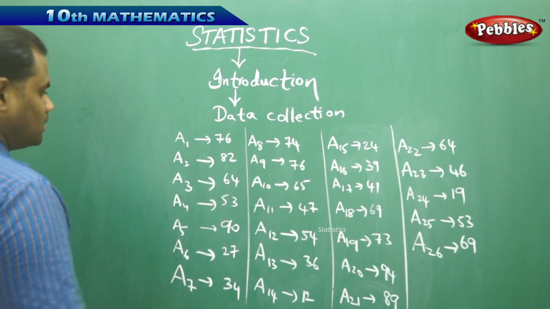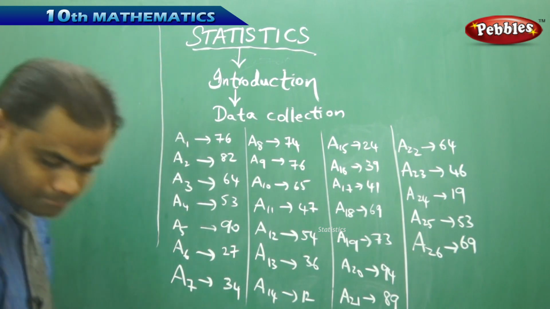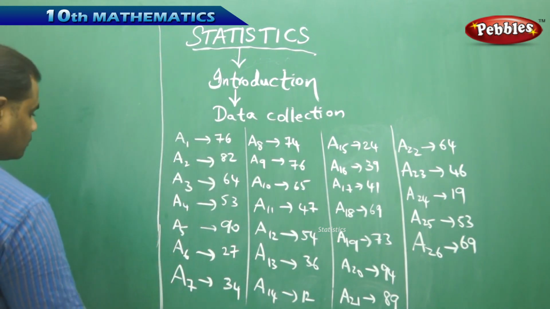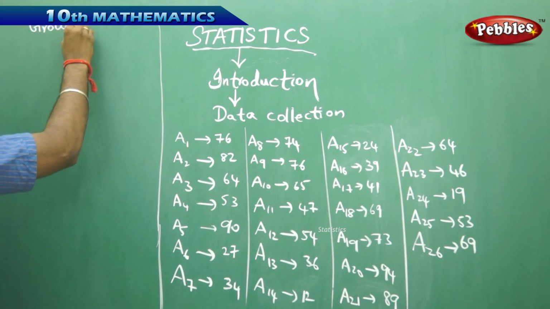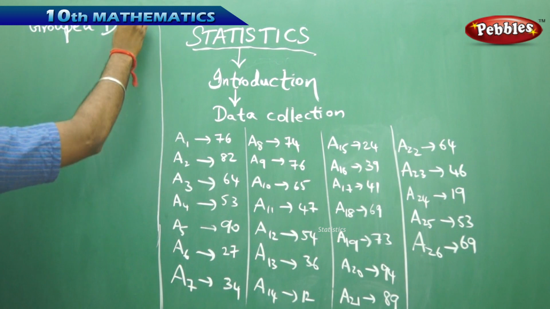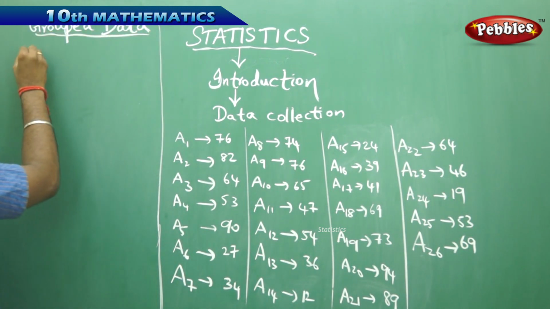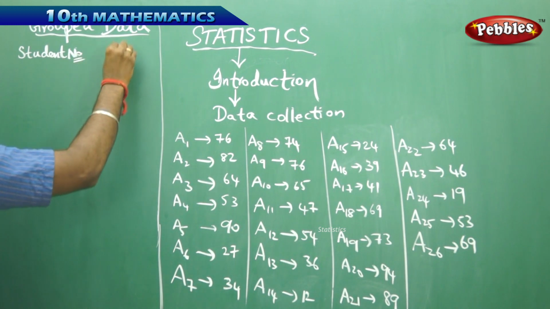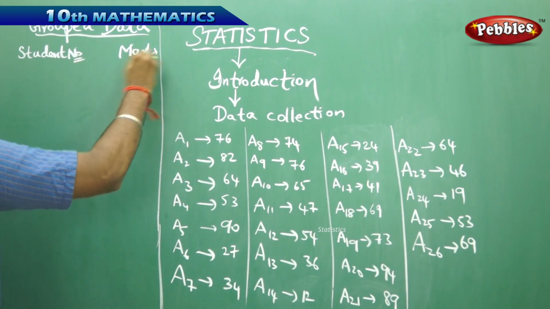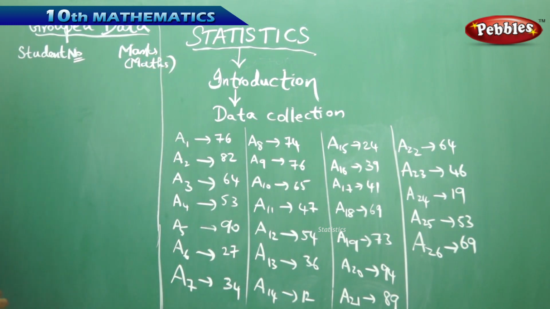Now say for example, I want to use these 26 students in the form of a table, a tabular form of arranging this into a grouped data. So for a group data, I take student number here, and marks in mathematics out here in the second column.